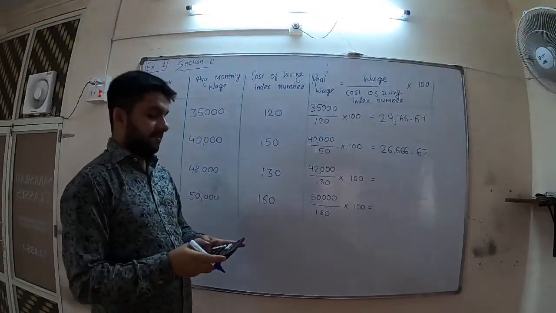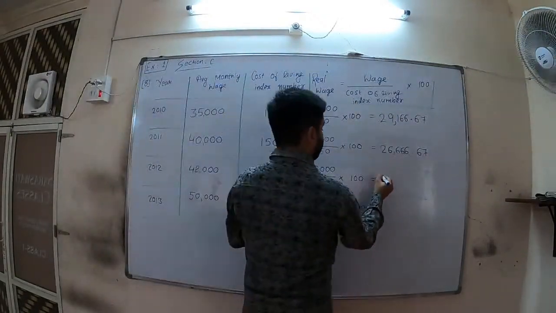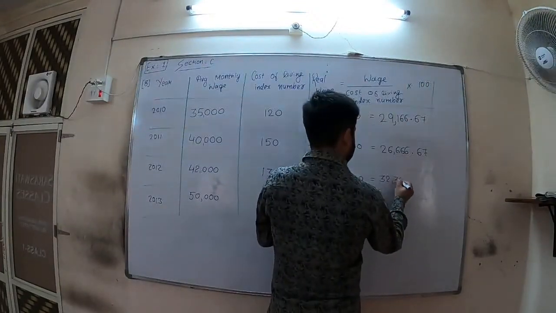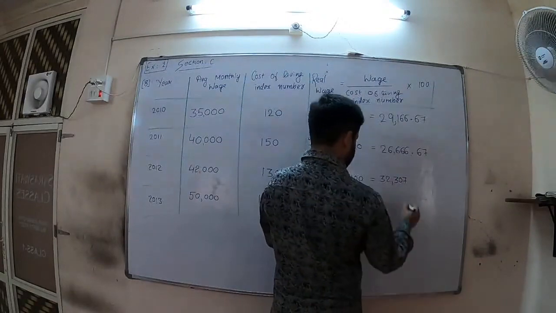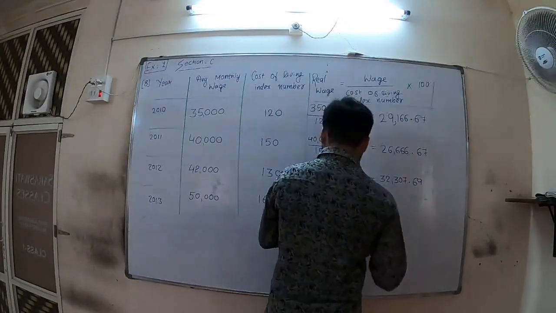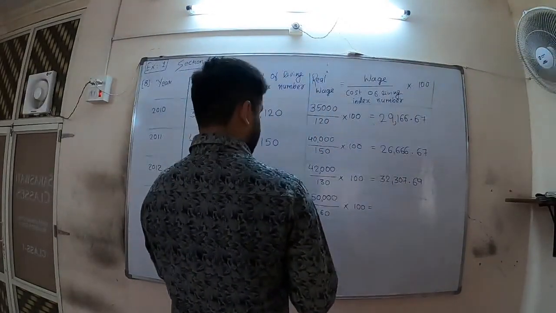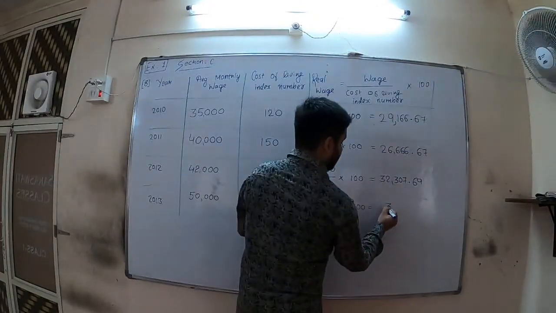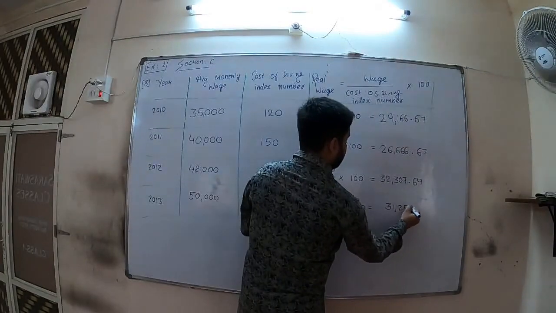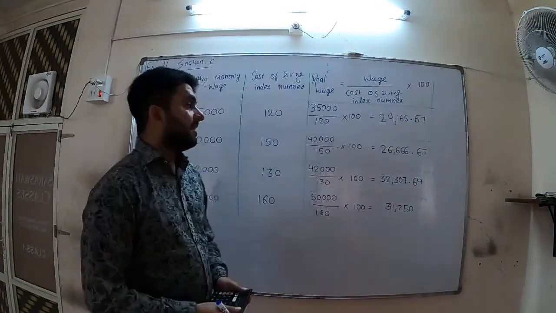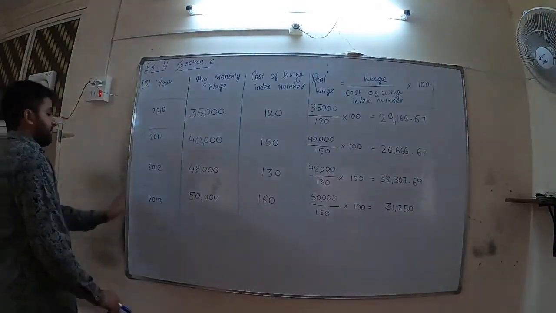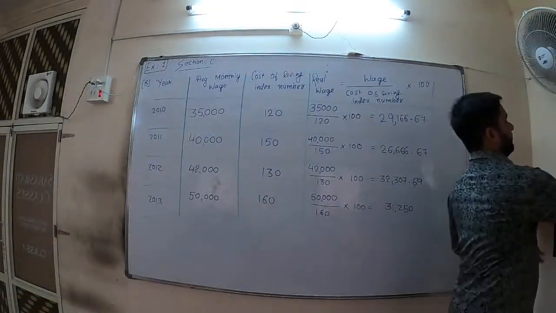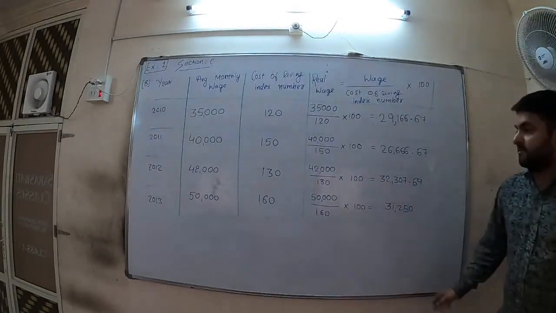Then 42,000 divided by 130 multiply 100 is 32,307.69. Okay. Last, 50,000 upon 160 multiply 100 is 31,250. That's all, friends. A very easy sum for everyone. Okay. Section C, sum number 8. Now we have one more sum for this. You will look at this sum first.